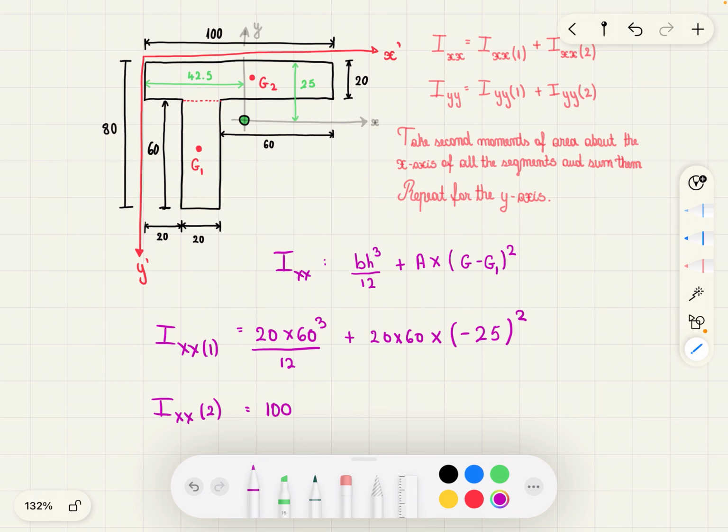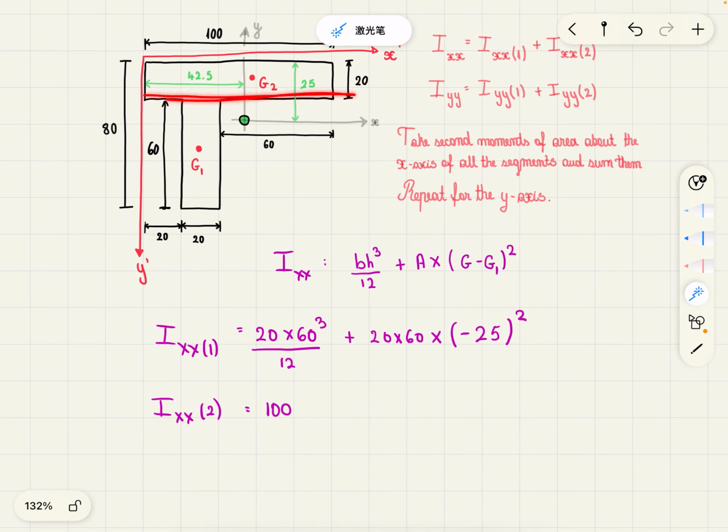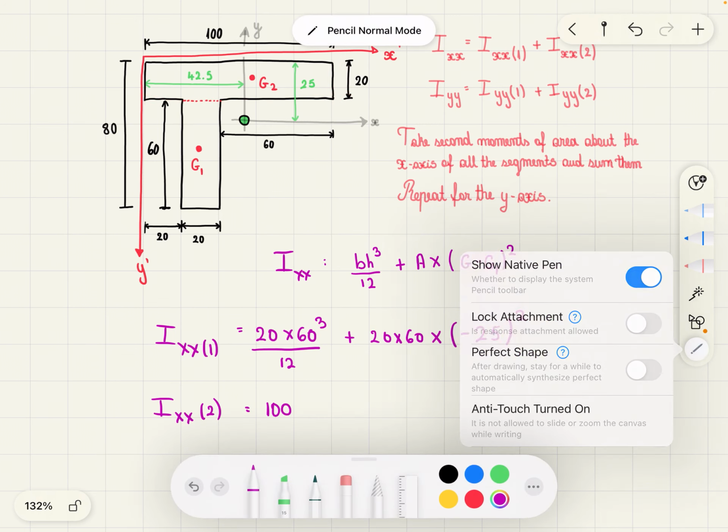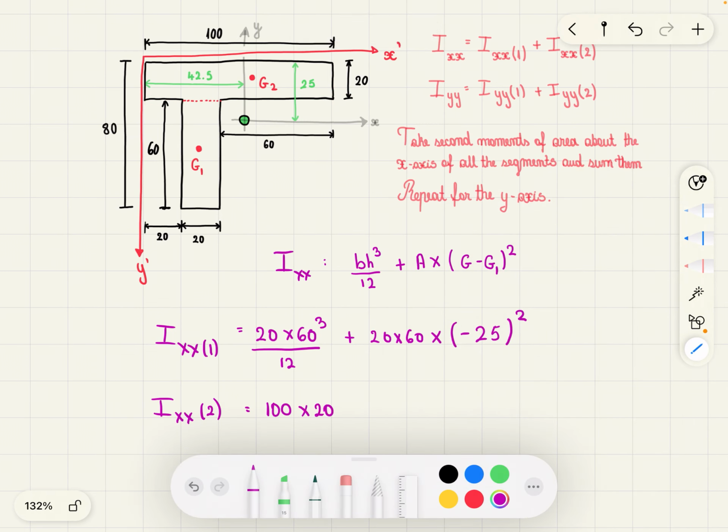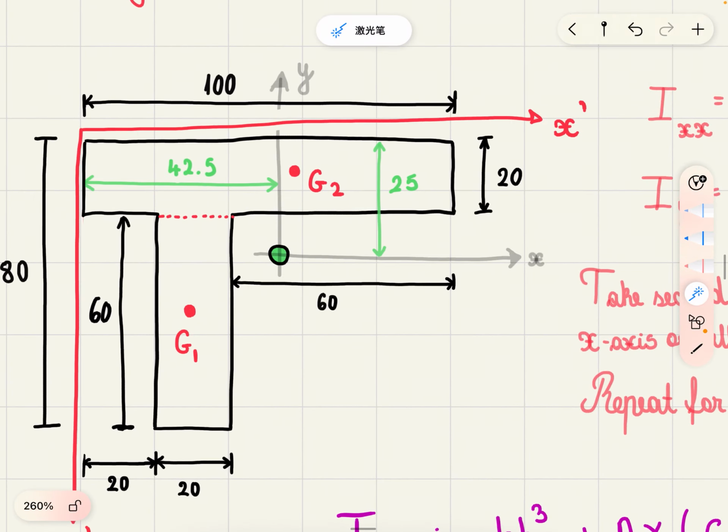So the base is 100 multiplied by the height cubed, which is 20, divided by 12, add the area of 100 times 20, and multiply by the distance from G2 to the actual G. So from G2 to this one. This one.